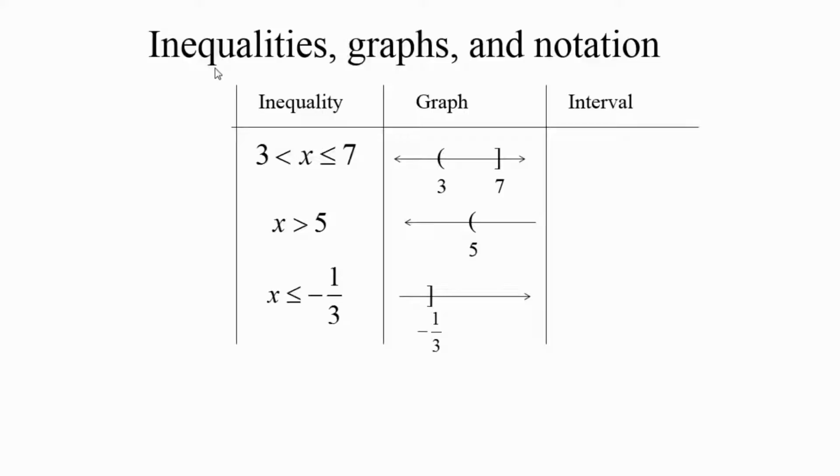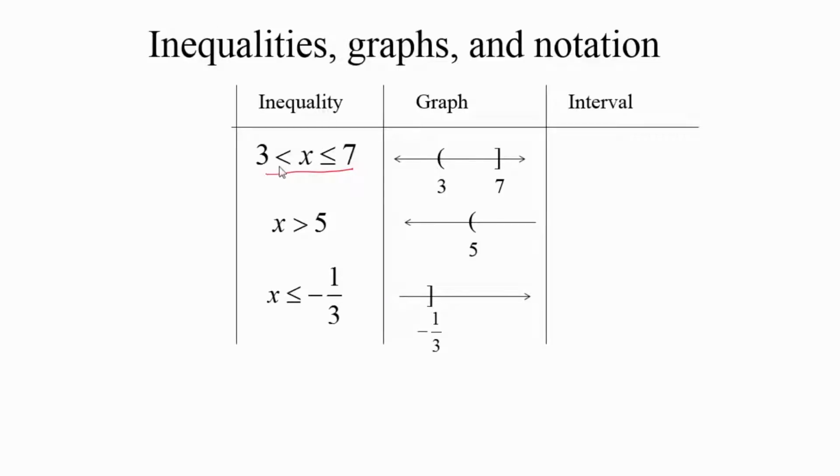For example, here we are showing that x is between 3 and 7, exclusive of 3 and inclusive of 7. X is greater than 3, less than or equal to 7. In the form of a graph on the number line, we show a 3 here and put parentheses.